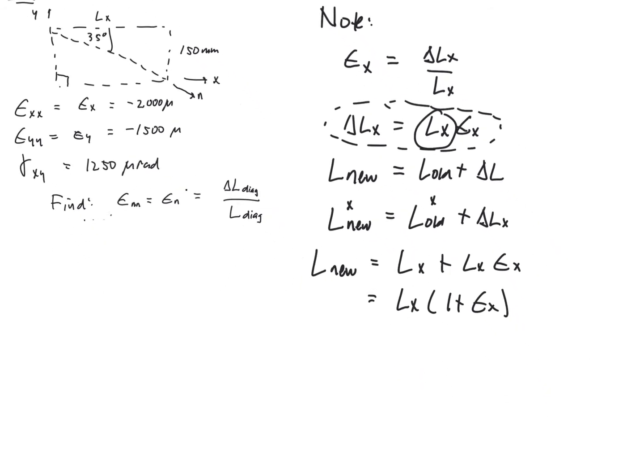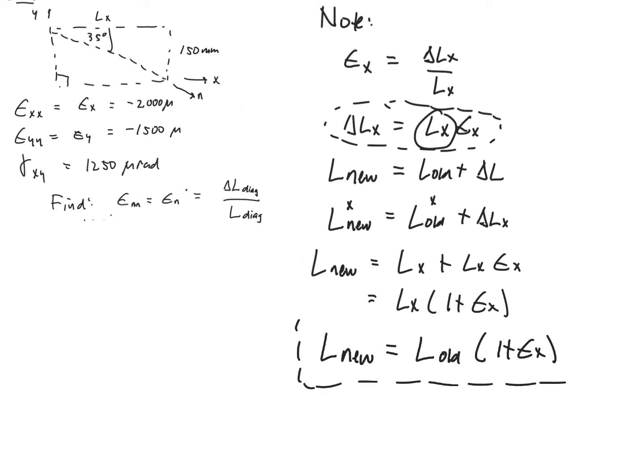So that is a very useful statement. It says that the new length in any direction is the old length, I'll say L old, times 1 plus epsilon x. So you don't have to commit that one to memory. You can certainly get the result by using just the basic definitions, but that's kind of constructive.